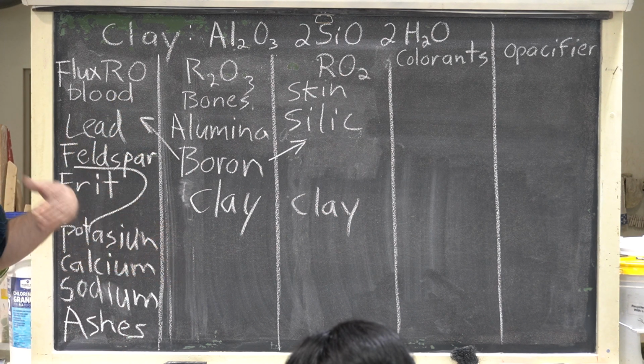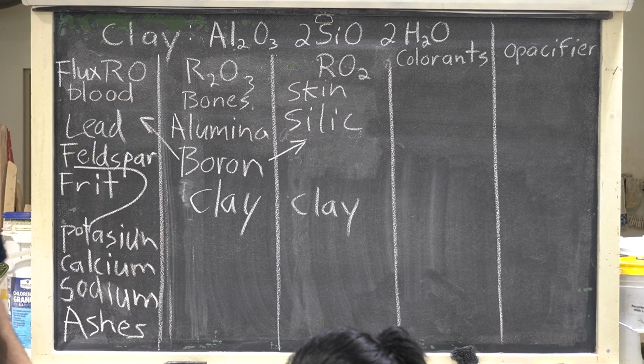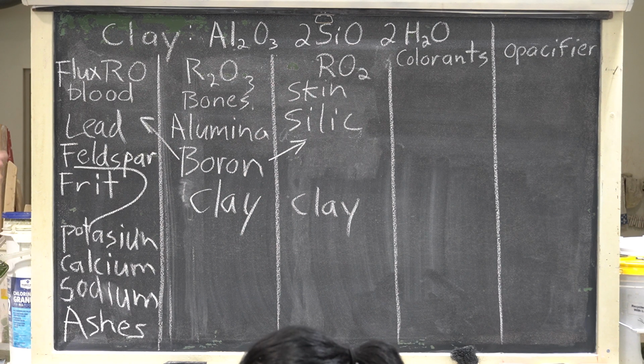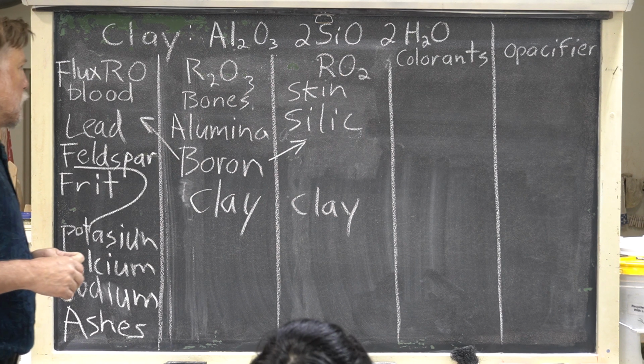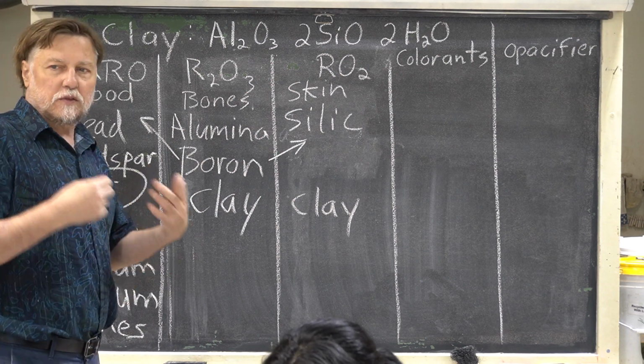This is just the beginning to get you to start thinking about what's in glazes. Almost all of the glazes have the ingredients on them, so you can look at them and start thinking, well, that's got silica in it, that's got alumina in it, that's got the flux in it. So you can start thinking about basic glazes. So later, if you want to, you can start experimenting and making your own glazes in your own studio.